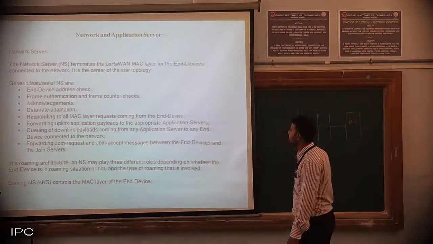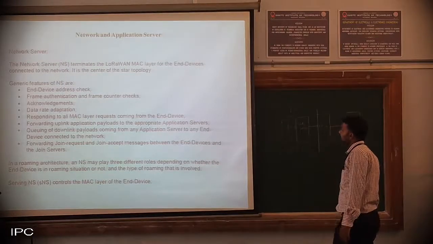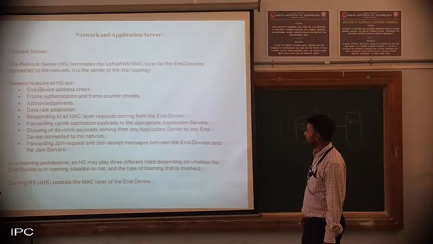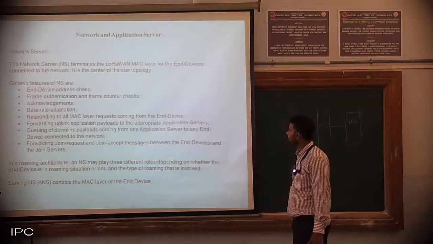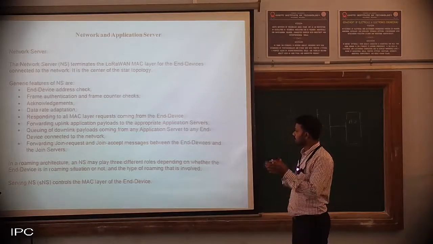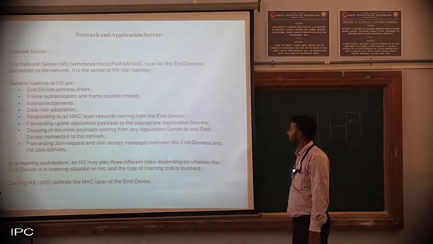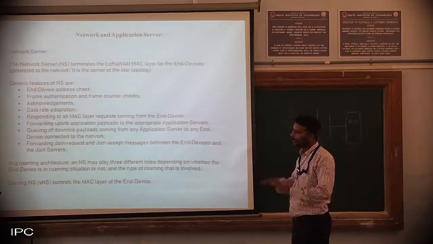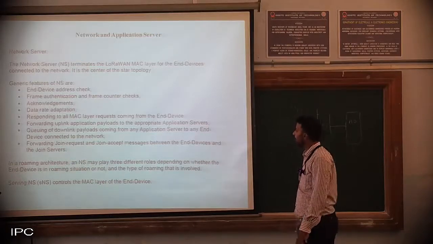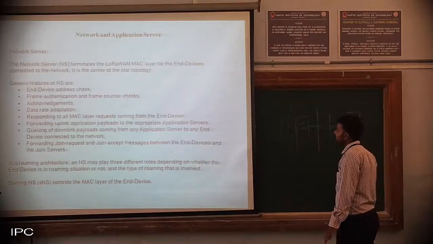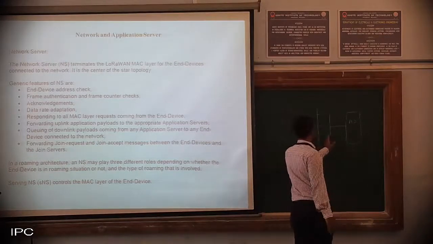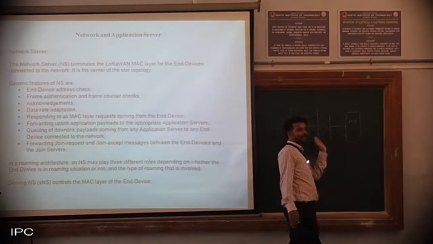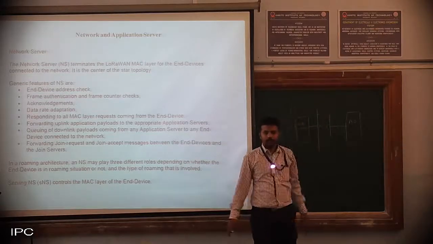Then responding to all MAC layer requests coming from the end device. So it will be responding to the end devices, to all the MAC layer requests coming from them, and forwarding the uplink application payload to the appropriate application layer. The application layer is the next stage after the network server.